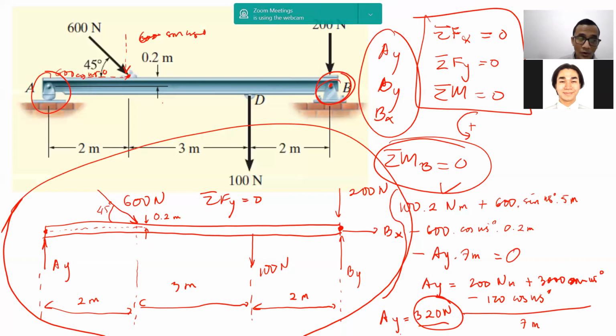We do not draw the constraint, the pin joint. We do not draw the roller joint. We do not draw that. But what we draw is only the beam, because that's the problem that we need to solve.